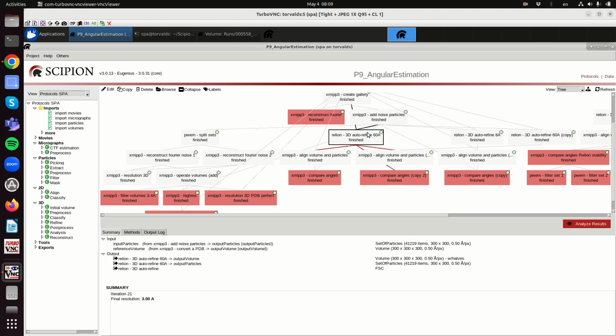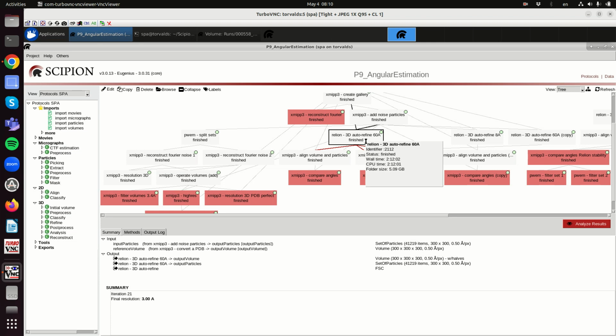Now we do an auto refine of RELION, and here I want to say that this is not any statement against RELION or in favor of RELION. It is just, okay, let's use an algorithm to estimate the angles, filtering the structure at 60 angstroms.